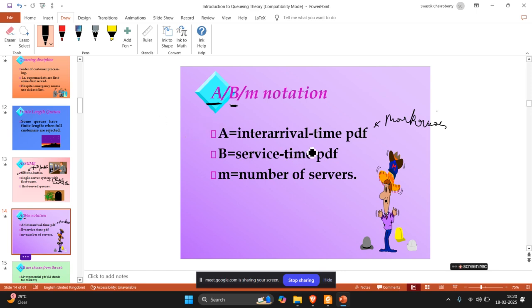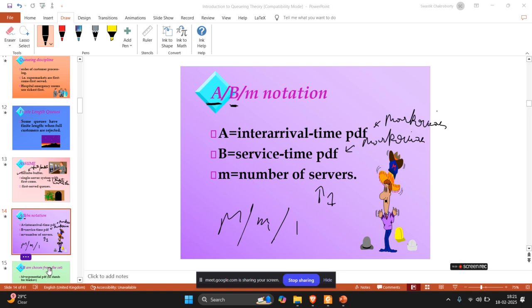And then the number of servers, which is usually 1. This constitutes M/M/1.